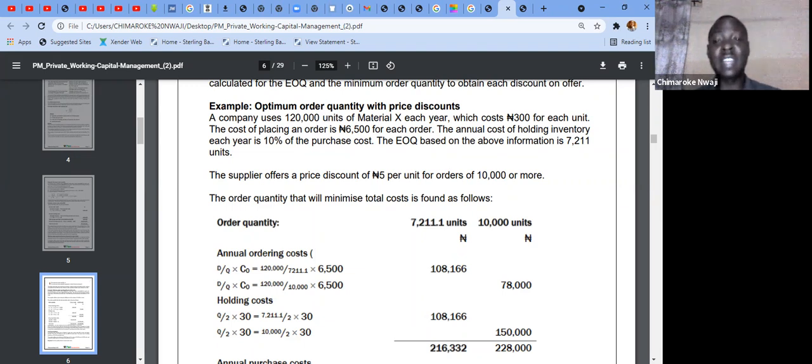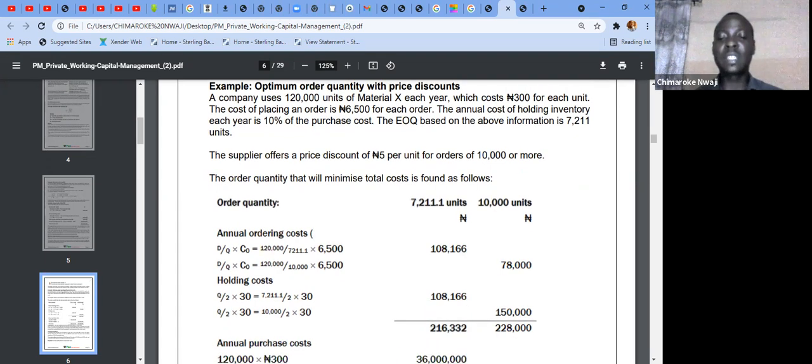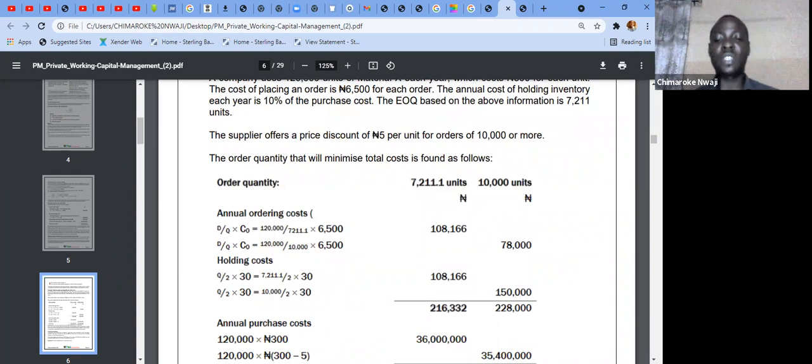But the story does not end there. We know that when you use your EOQ, you have the cheapest ordering and holding costs. But now, let the purchase cost for the year be the deciding factor. Now let's look at the purchase cost for the year. When you're using EOQ, you are still going to spend on 120,000 units, and you are buying it at 300 naira, going to give it at 36 million.